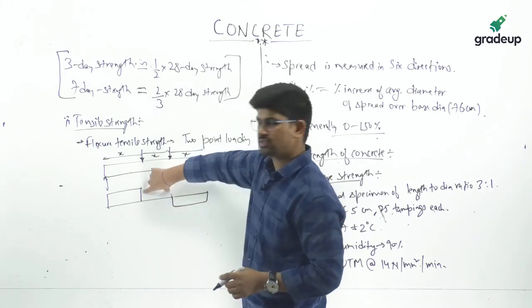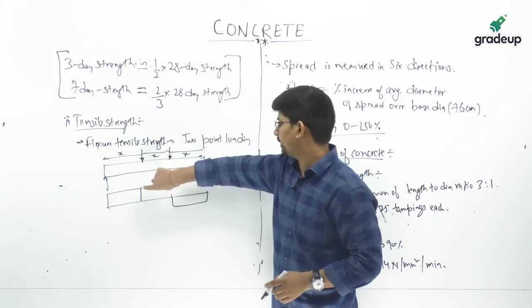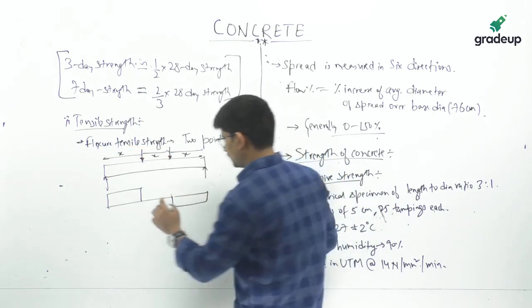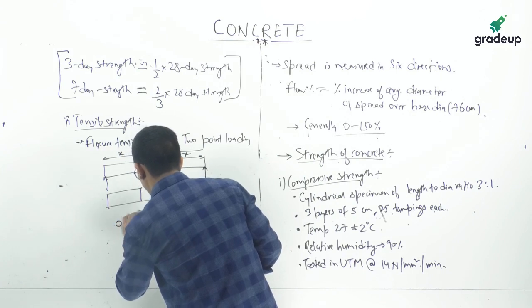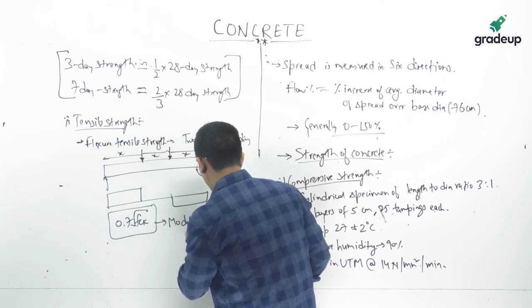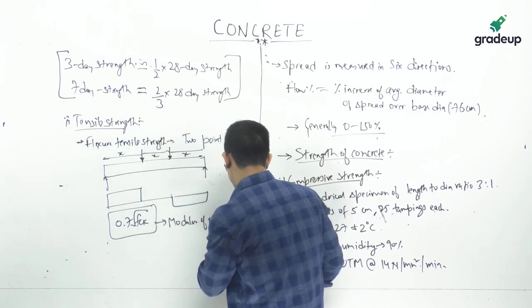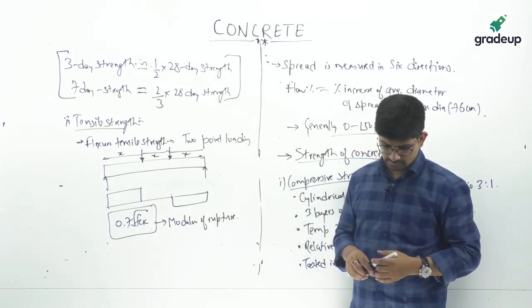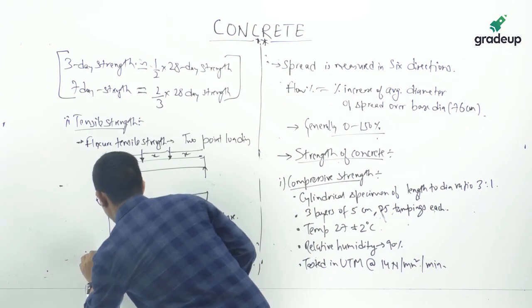So in the middle zone, this will be having a pure bending case. Okay. So with this the flexure tensile strength is given. Also the formula to that is 0.7 under root FCK, which you all know as the modulus of rupture. Okay. So this gives that information. Okay. Now this is about the flexure.